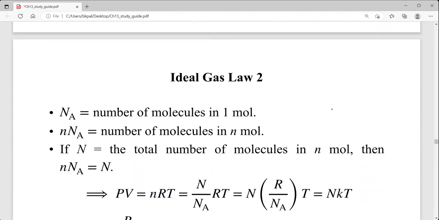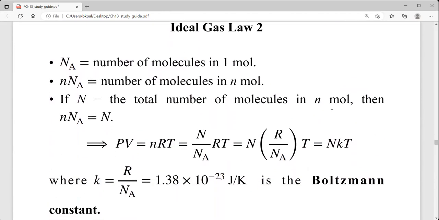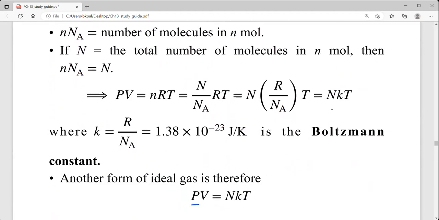All right. There is another form of the ideal gas law, that is PV equal to NkT. Now here N is capital N and R is replaced by k. In nRT, n was small n, which means the number of moles, but here capital N means the number of molecules.